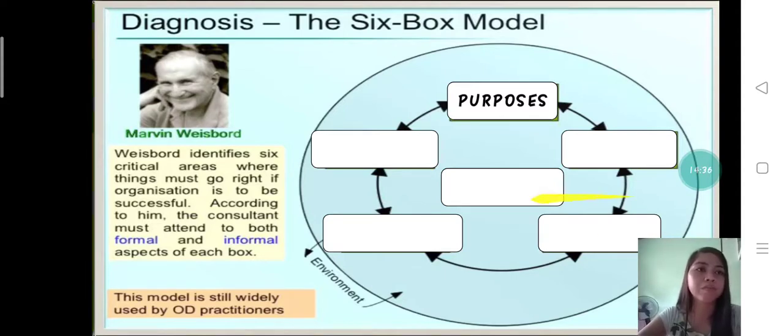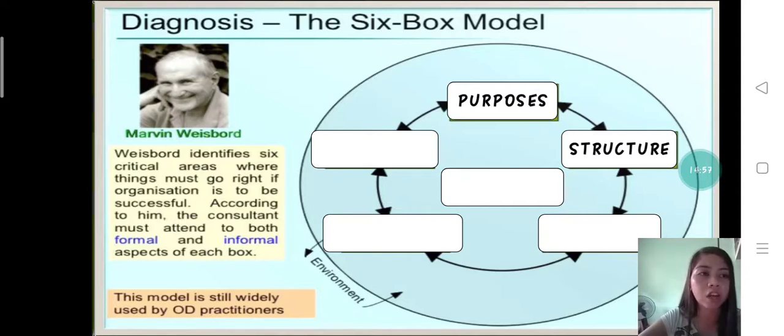Second, we have structure. When we say structure, how is the organization's work divided? Is there an adequate fit between the purpose and the internal structure? So this structure is also one of the important areas that needs to be considered.